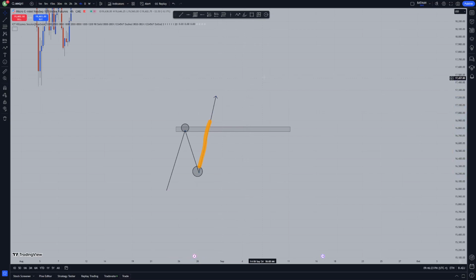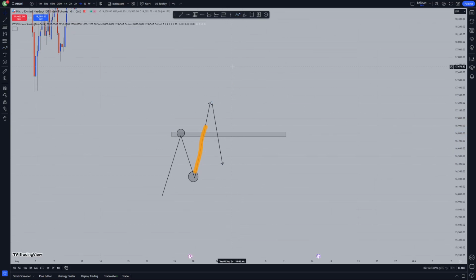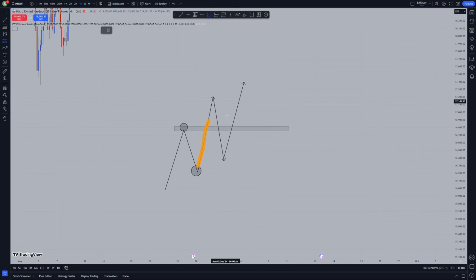We pretty much, the best entries are after the pullback, or right before, like after the pullback and then the continuation. So these are the best entries.